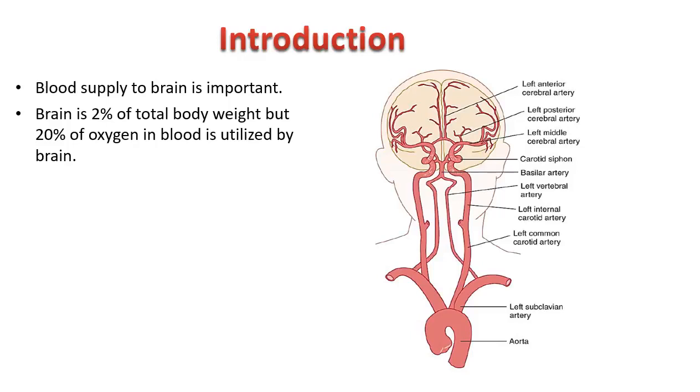So 10 times more oxygen is utilized by the brain. A continuous supply of oxygen is necessary because high metabolic activity is taking place, which we are mostly unaware of. We think that only when we do some physical activity or exercise, our muscles get very tired and exhausted, or our fat is burned, and of course we move our bones and all those things.